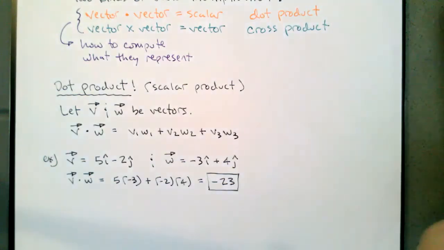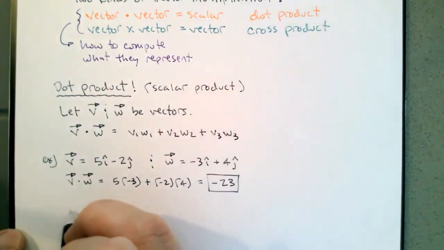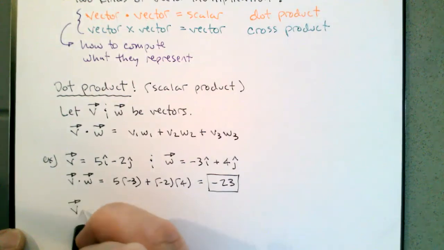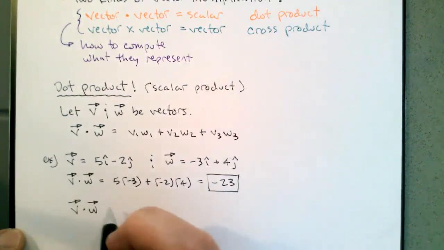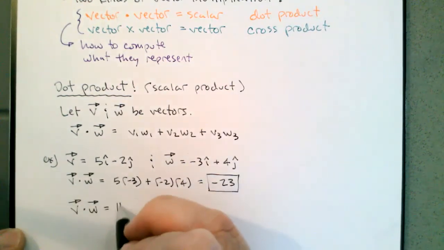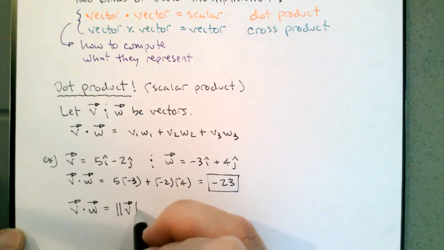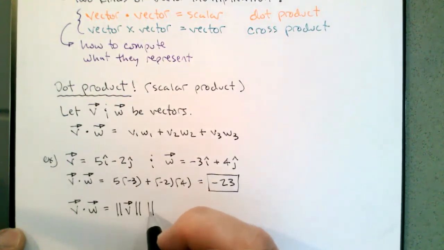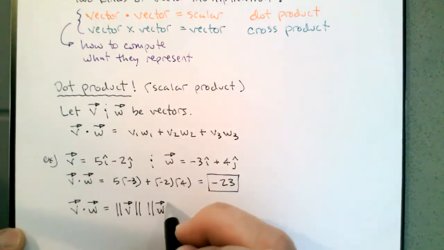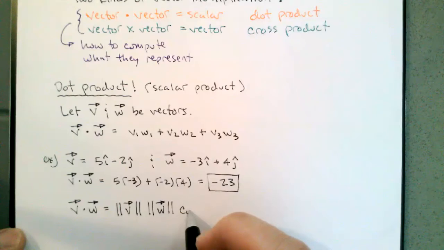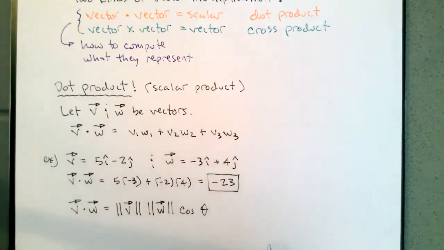There is another definition of the dot product. We could say that v dot w is equal to the magnitude of v, that's a scalar, times the magnitude of w, another scalar, times the cosine of the angle between the vectors.